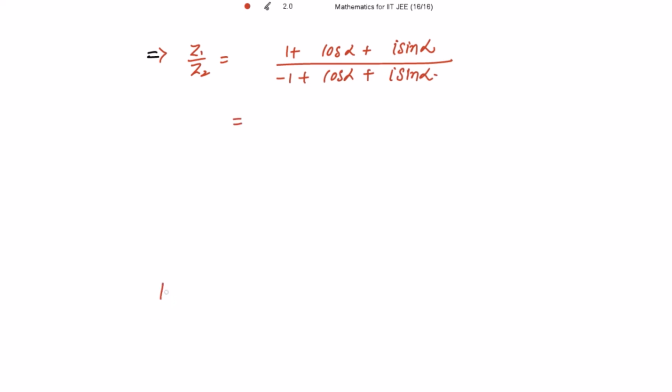As we know that 1 plus cos of 2 theta is equal to 2 cos square theta, right? So for 1 plus cos alpha, we should write 2 cos square alpha by 2. Is it fine? Just take your theta to be alpha by 2.